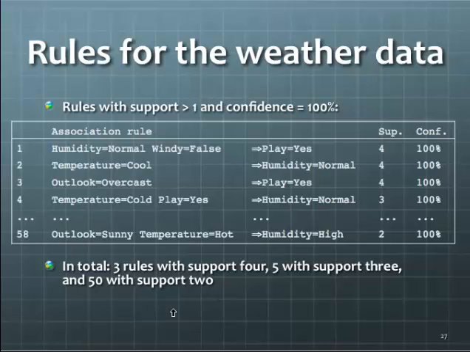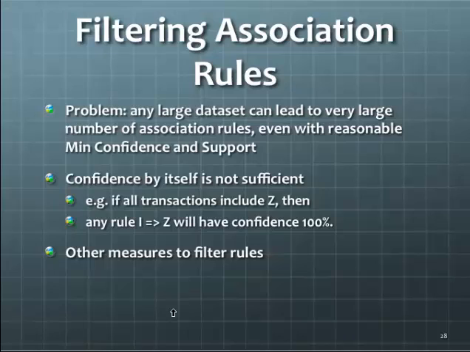So even though we have set the thresholds for support and confidence, we still need some other method to additionally filter the rules. Okay, now let's talk about how to filter the association rules. As in the example, association analysis algorithms have the potential to generate a large number of patterns.